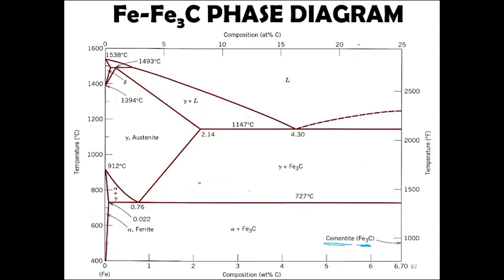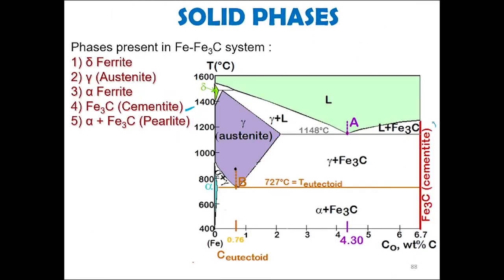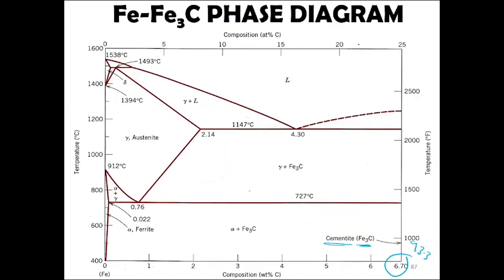The fixed amount of carbon is 6.7 weight% and the fixed amount of iron is 93.3% of iron. As you can see in this diagram, cementite is only available here. This intermetallic compound is metastable.